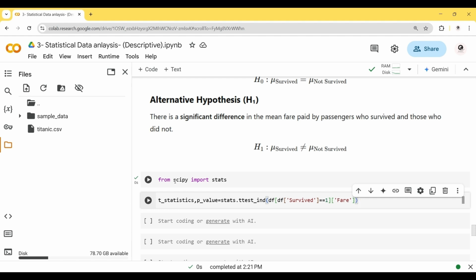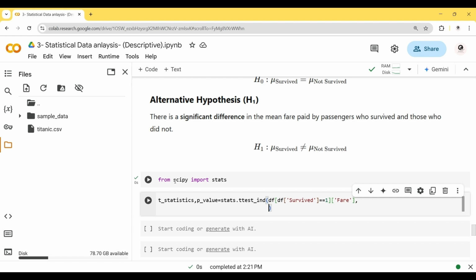After that, I am going to write it for the passengers who did not survive. So let me copy this out. Once this is done, let me run this.